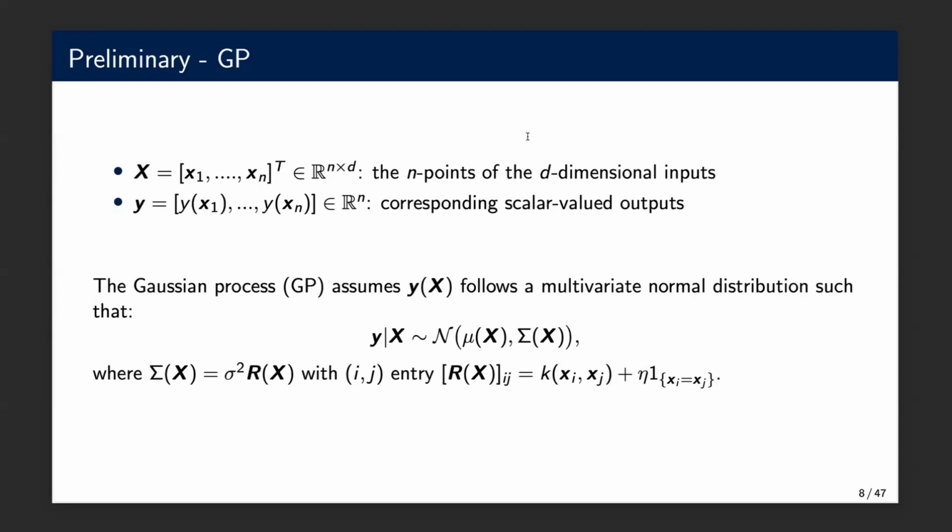I think most people in our department should be familiar with it. Suppose we have n points of d-dimensional inputs and corresponding scalar-valued outputs. The Gaussian process assumes the output given your input follows a multivariate normal distribution with a mean mu and a covariance matrix sigma, where the correlation is described by the kernel function k with one nugget term, which models the inherent noise or measurement noise in the system.